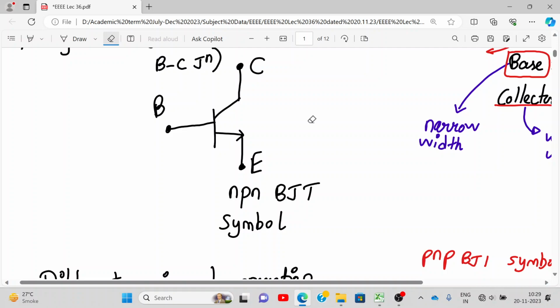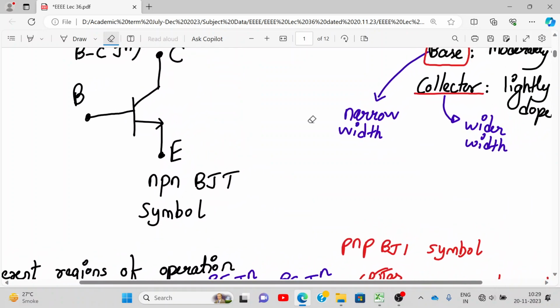Acha, how do the electrons flow if conventional current is flowing out of the emitter? That means electrons are flowing into the emitter. Then draw the PNP symbol. The PNP symbol is exactly opposite. Wherever there is an arrow, that is the emitter. This is base, this is collector. So in a PNP transistor, the current is flowing into the emitter.